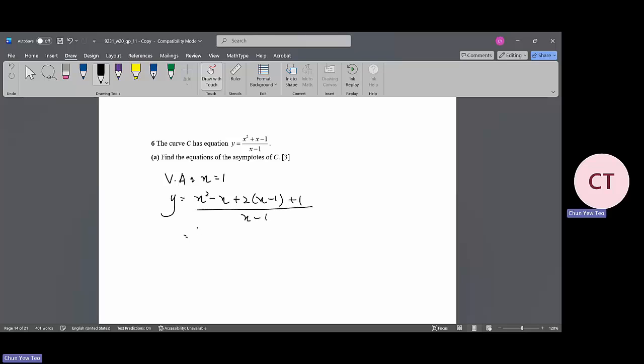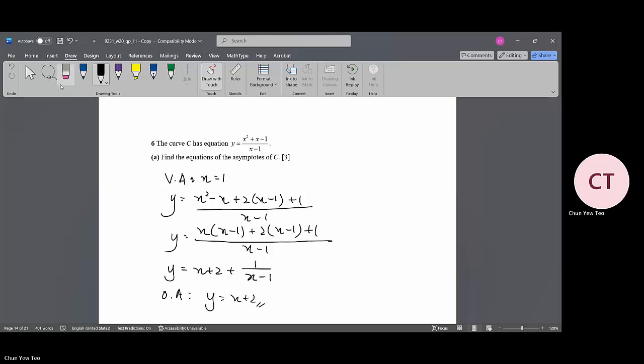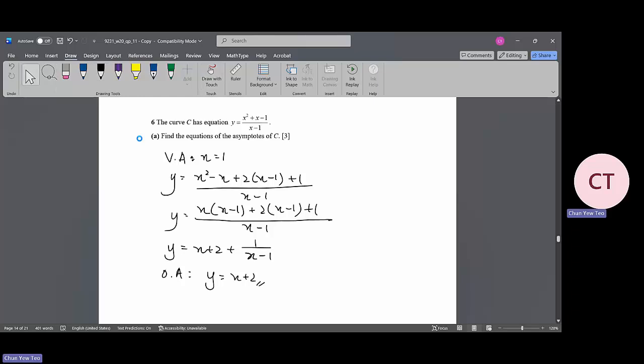Then you can make it become x minus 1 plus 2x minus 1 plus 1. Then you can make y become x plus 2 plus 1 over x minus 1. Therefore your oblique asymptote will be y equal to x plus 2. Okay, so that is the answer for 6A.